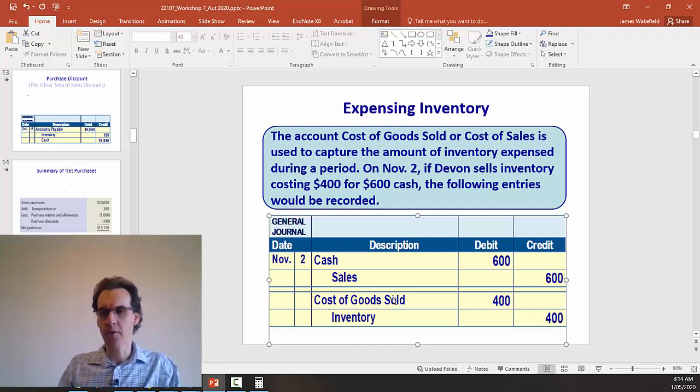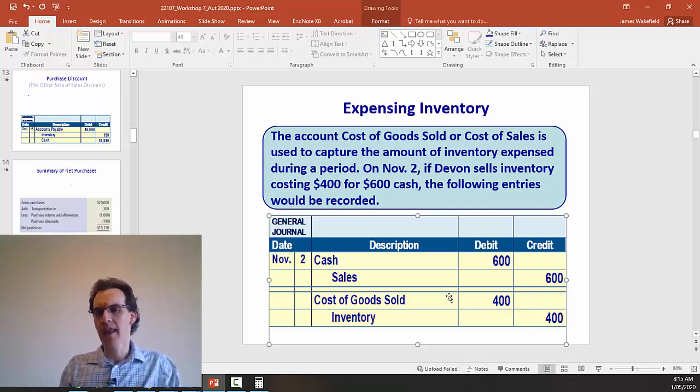The second part is we need to look at the goods flow. So it says here we sell inventory that cost us $400. In that particular case, we need to reduce our inventory holding by $400 by crediting the inventory account, and we need to transfer that somewhere because that amount has been used up, and we reflect that amount in the cost of goods sold account.